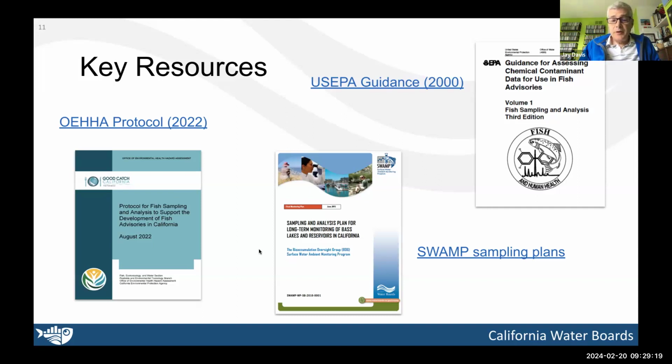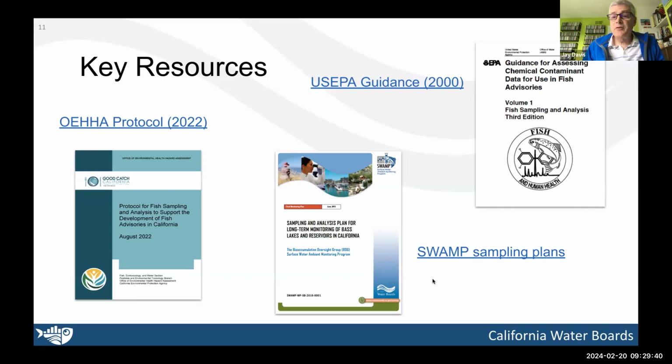And then I have an example of one of the documents that the SWAMP program has produced over the years. This is one of the monitoring plans, the sampling and analysis plan for our monitoring of bass lakes. This document was published in 2015, but we've published a series of these documents over the years.